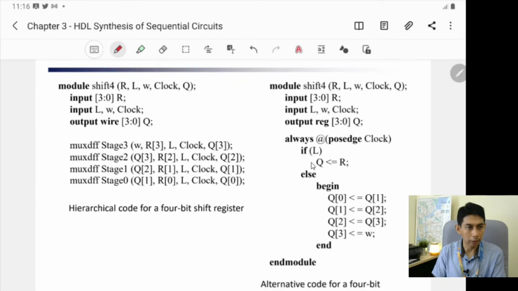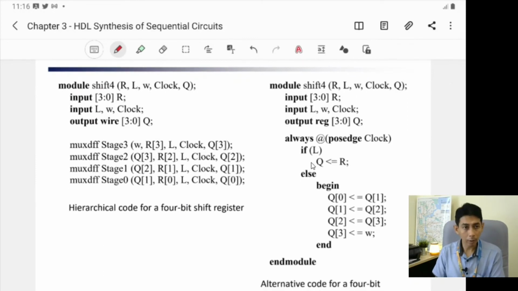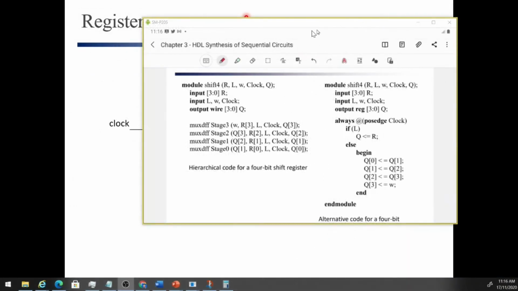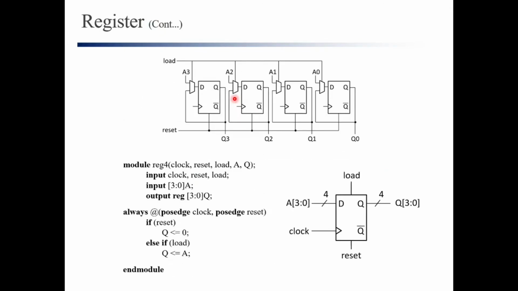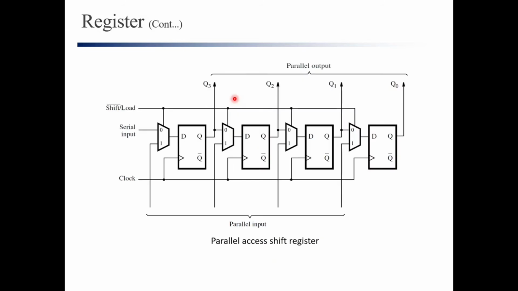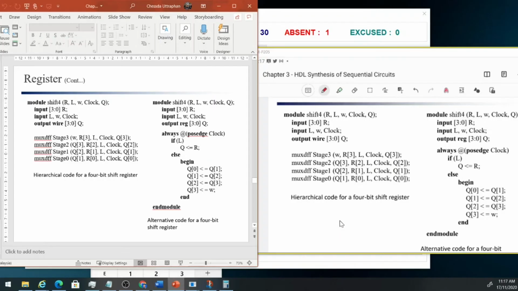Let's go to, yes, this one, to model our shift load register. Alright, the parallel load and shift register. So let's have this one. Okay, so I hope that you can see this.